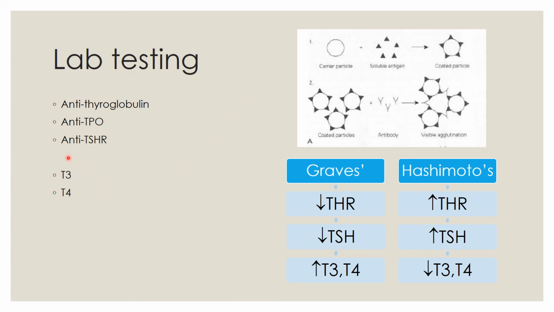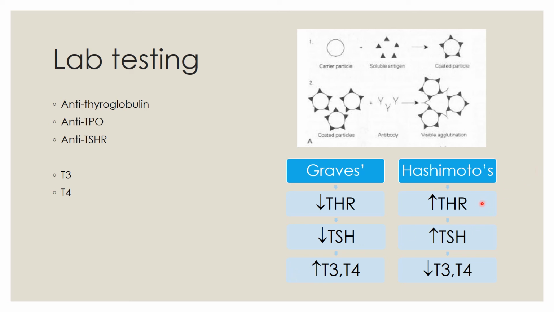The other key tests, the ones used to monitor these patients, are the T3 and the T4. These are the products we get from the thyroid. Looking at the results in a patient with uncontrolled Graves, their TSH is down, and their T3 and their T4 are up.